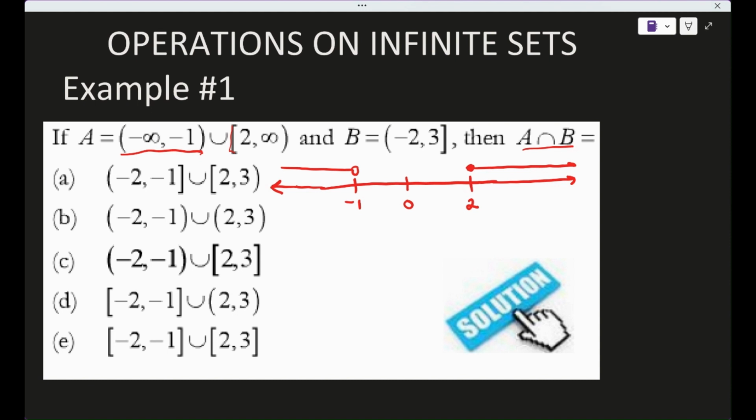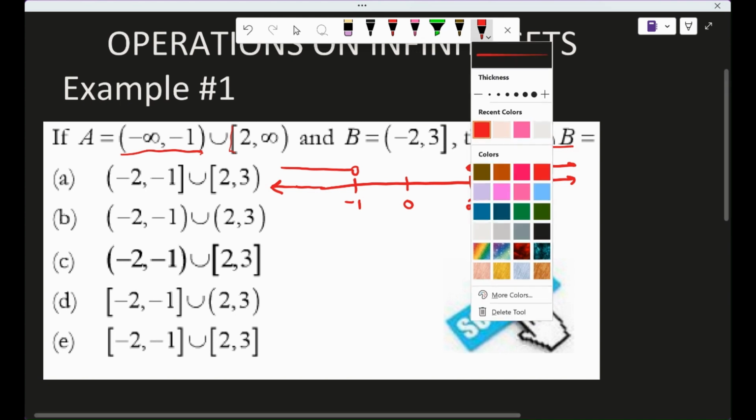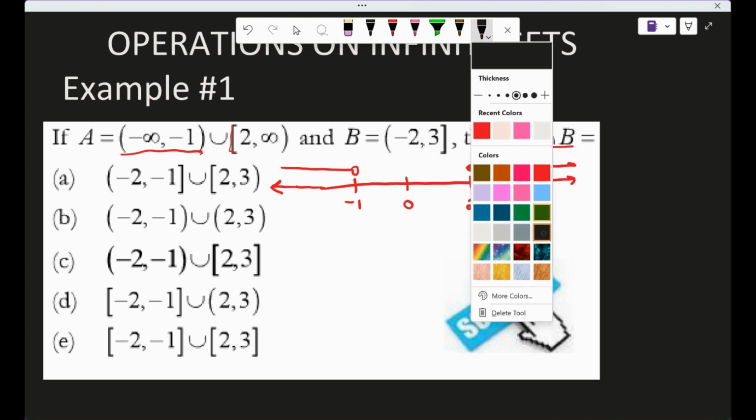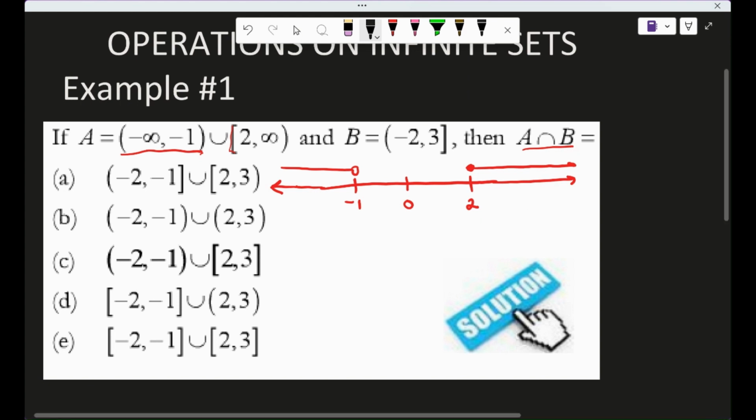Then what is B? Let's see B. We try to put B also on the same number line. B is going to start from minus 2 to 3. So if this is minus 1, minus 2 is going to be somewhere here.